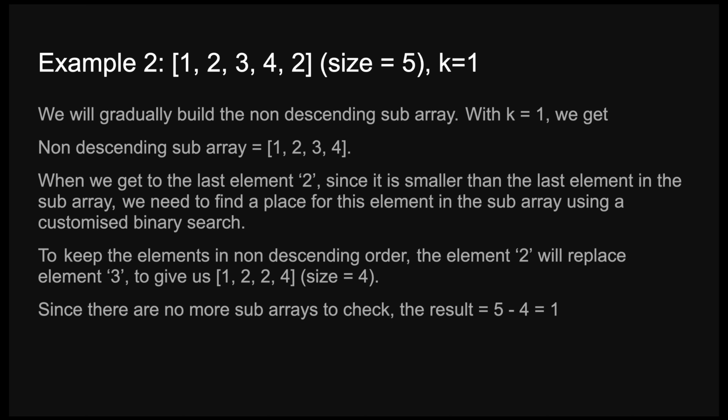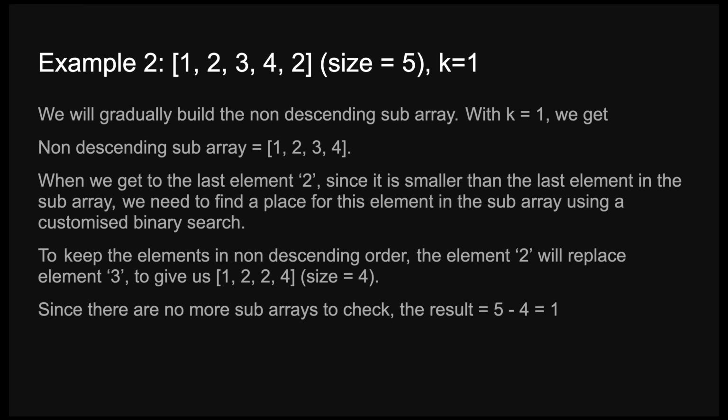And then when we get to the last element 2, since it is smaller than the last element in the subarray, we need to find a place for this element inside the subarray using a customized binary search. To keep the elements in the non-descending order, the element 2 will have to replace the element 3 in the subarray, and that will give us the new subarray 1, 2, 2, 4.